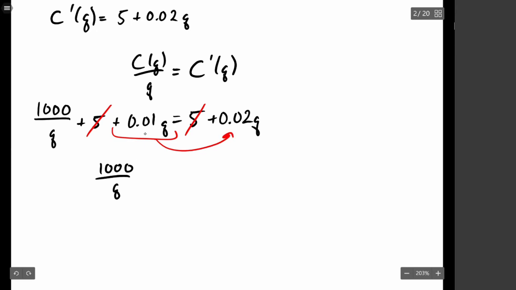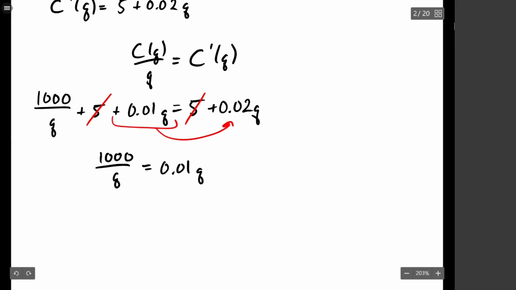So we get 1,000 over Q equals 0.01Q. All right, so I'm going to multiply this Q through, and we get 1,000 equals 0.01Q squared.